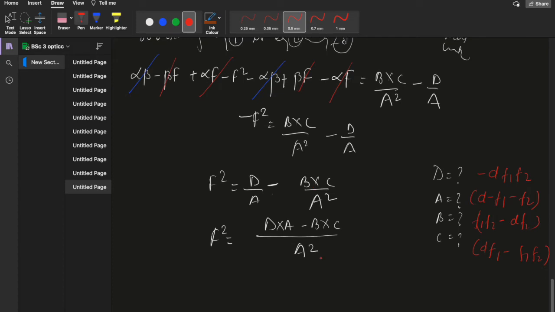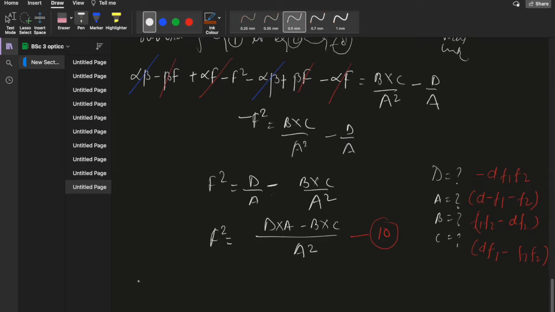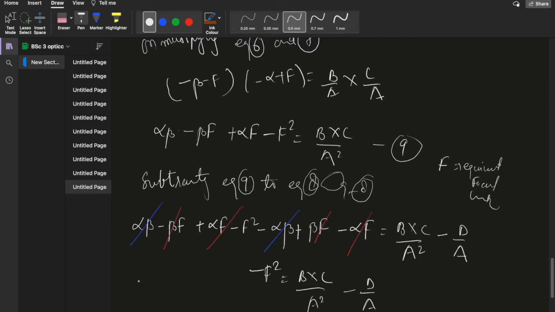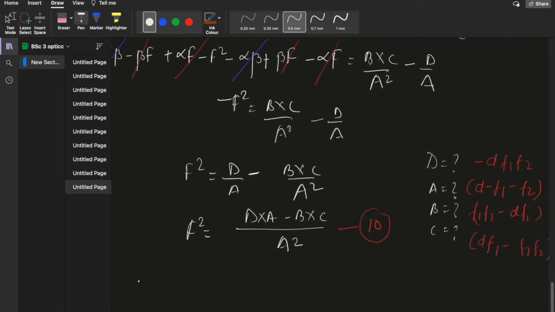Say if the last equation was 9, so this equation is 10. If we substitute this, let me zoom this.